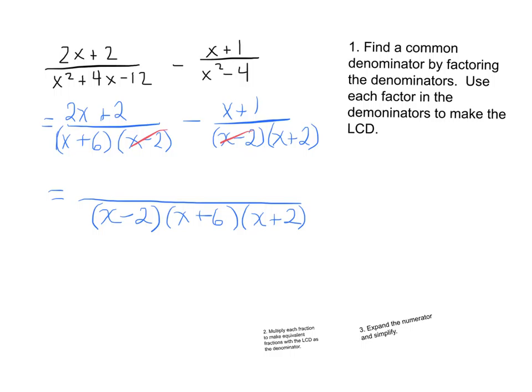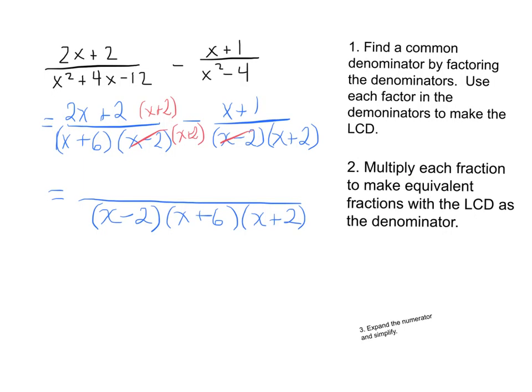And then I need to look at, well, what do I need to multiply each denominator by to change it into that? So x plus 6 times x minus 2 has to multiply by x plus 2, because that's the factor that's missing. X plus 2 and x plus 2. So this is the second step. Multiply each fraction to make equivalent fractions with the lowest common denominator as the denominator.